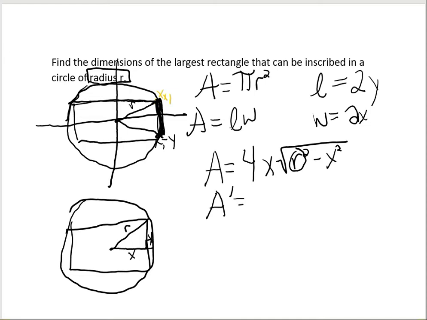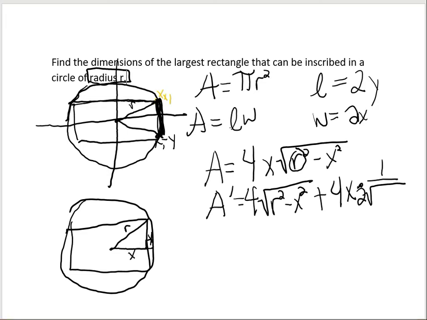This is the product rule. So the derivative of the first times the second, plus the first times the derivative of the second, and through chain rule, that's 1 over 2 square root of r squared minus x squared, times negative 2x, and that was just with chain rule.